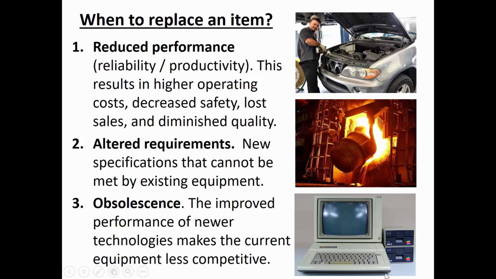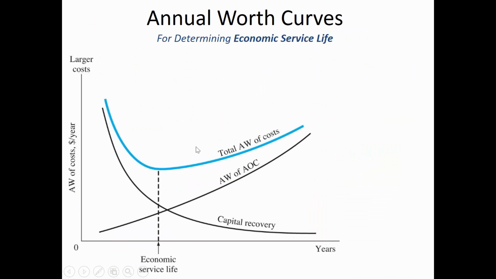The old word processors didn't have graphic user interfaces. So it may be that it still is able to do the same kind of work, but it makes you less competitive compared to newer technologies. So it should be replaced because it's obsolete. So these are 3 reasons.